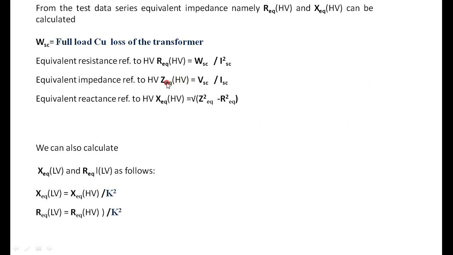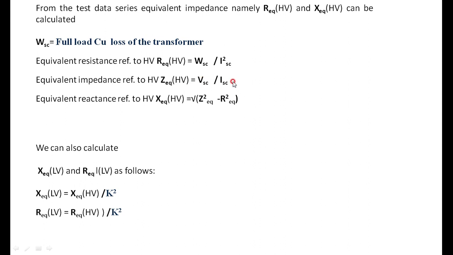Then the formula for the impedance is the ratio of voltage by current. The voltage applied under the short circuit test is VSC, and the corresponding short circuit current, which is the rated current of the transformer, is ISC, so the impedance is VSC by ISC.